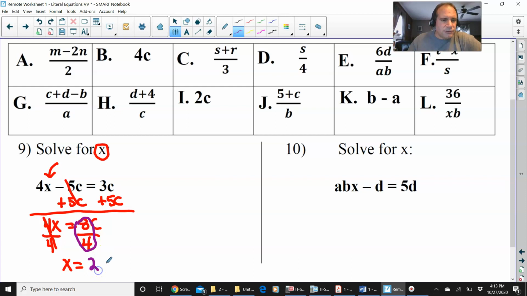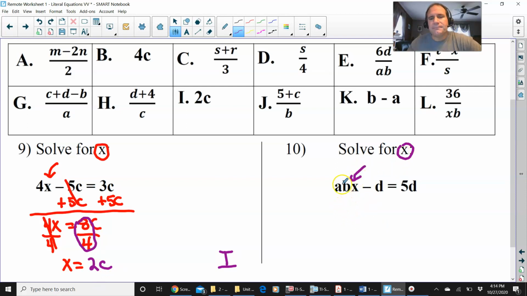So that is 2c, and that is I. Don't forget, usually they would have you divide, reduce, whatever, to get that answer. In this case, they did tell you, all right, we have to divide. 8 divided by 4 is 2.